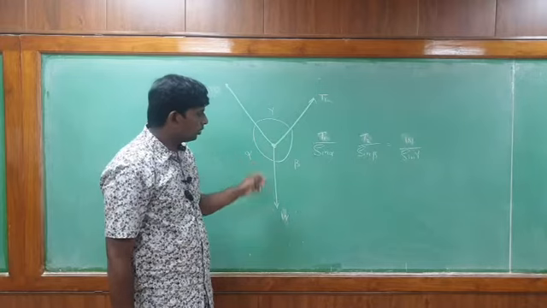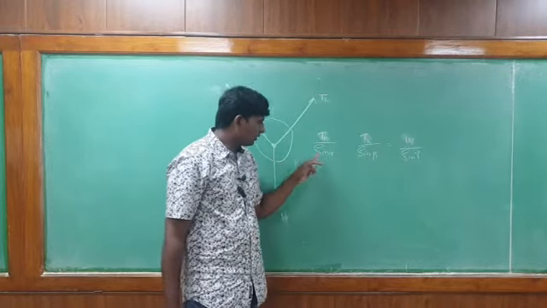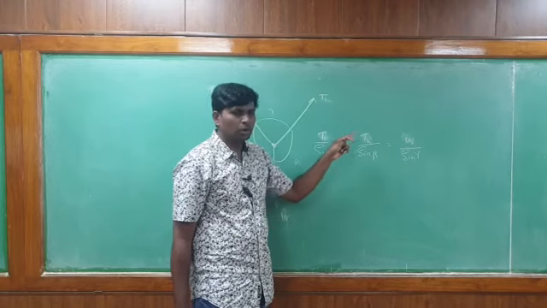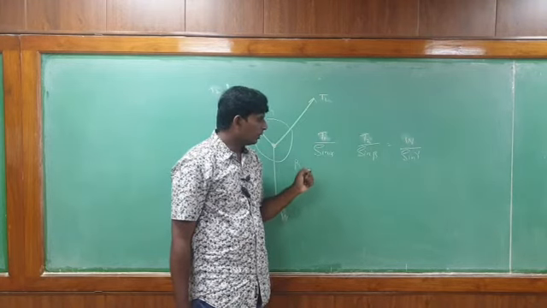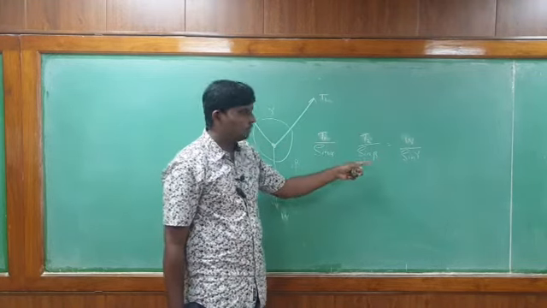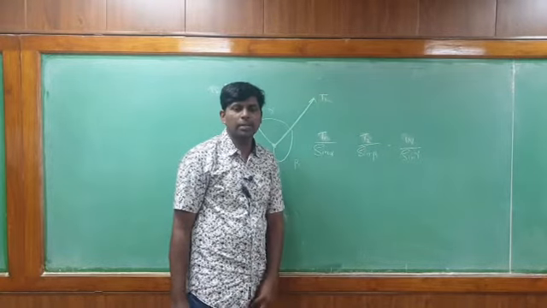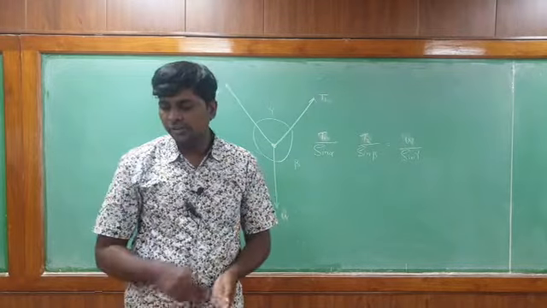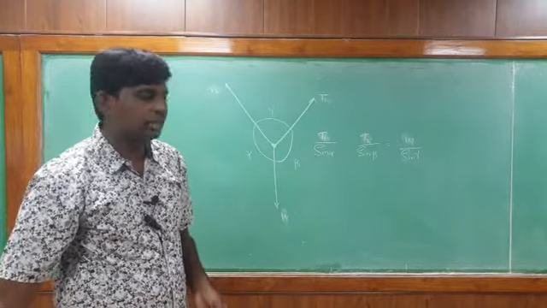So you have to remember: T1 by sine alpha is equal to T2 by sine beta is equal to W by sine gamma. This is Lami's theorem. When three forces are given, you have to use Lami's theorem.